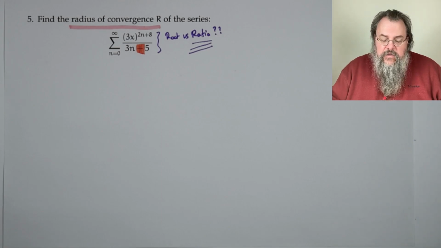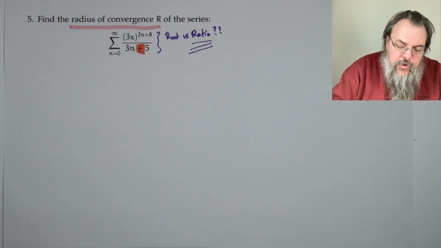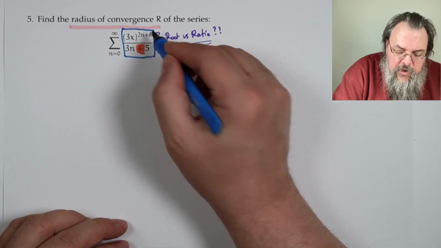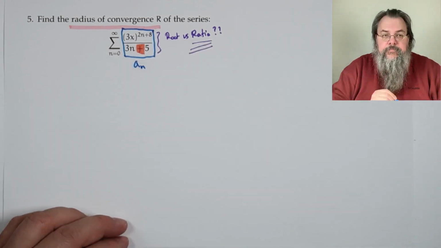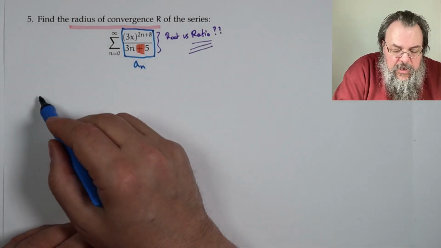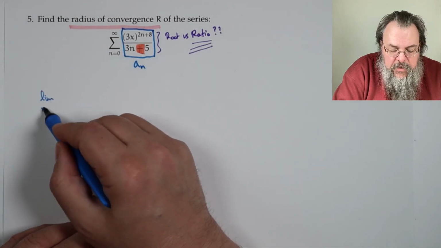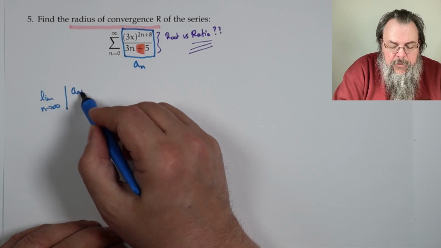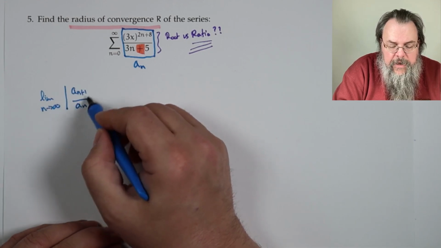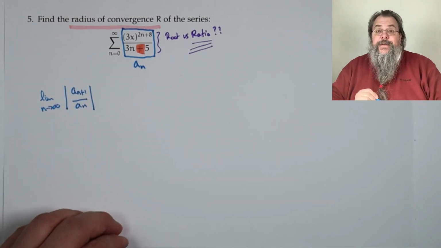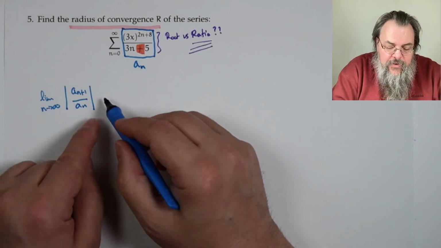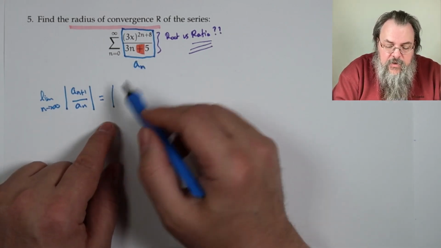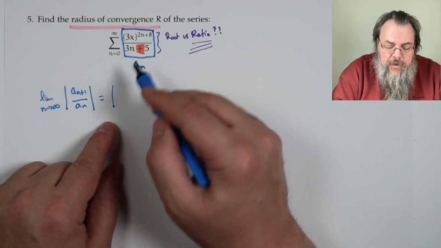All right, so what's the idea? Let's think of our terms, and we're going to call this our a sub n. We're going to take the limit as n goes to infinity of the absolute value of a sub n plus 1 over a sub n. Let's start with a sub n plus 1. Everywhere we currently see an n, put an n plus 1.